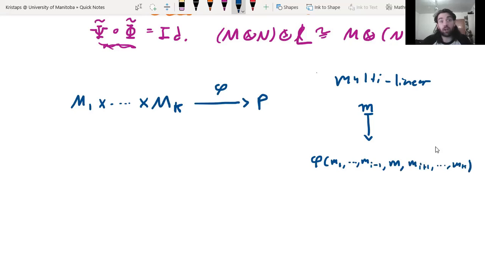So we've picked fixed elements M1 up to Mi minus 1 and Mi plus 1 up to Mk, and we're saying the map that sends m to this quantity should be linear. And this should hold for any choice of elements going in the fixed components and for any component that you choose to be the fixed one. So that's what it means for a map to be multilinear.